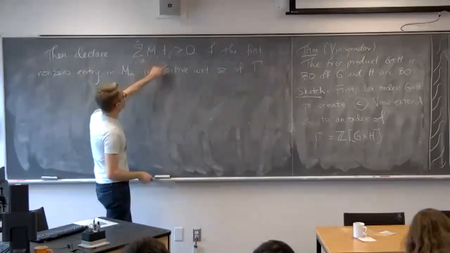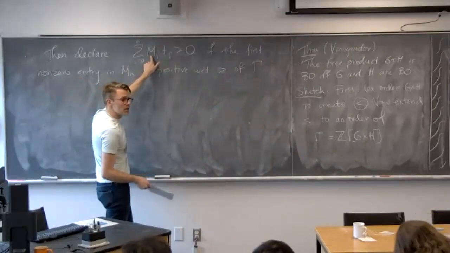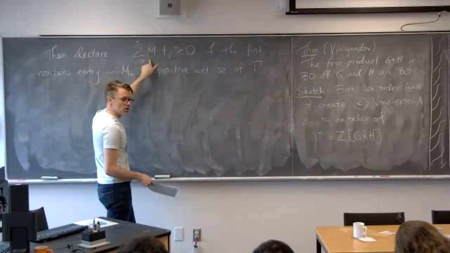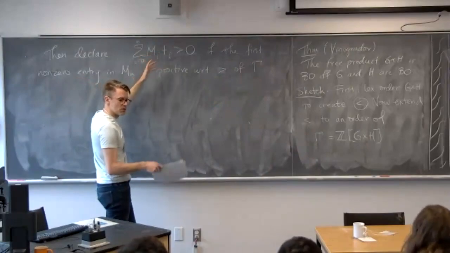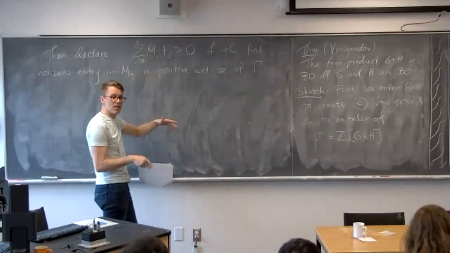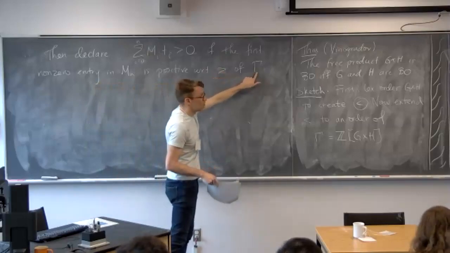In general, to compare two elements of this form, you look at the first matrix in the sums where they differ, then the first entry in that matrix where they differ, and you compare the two entries using the ordering of gamma.